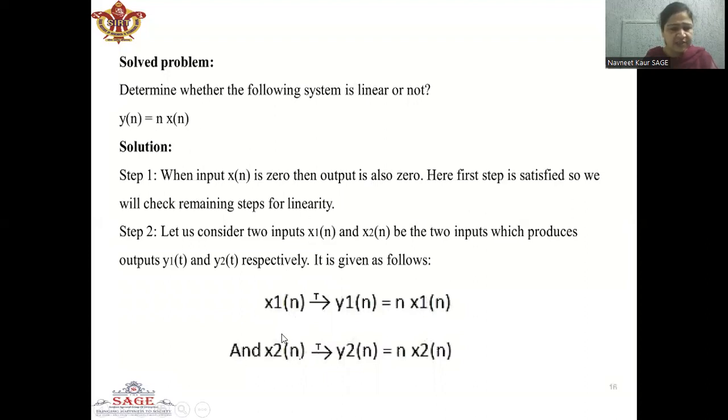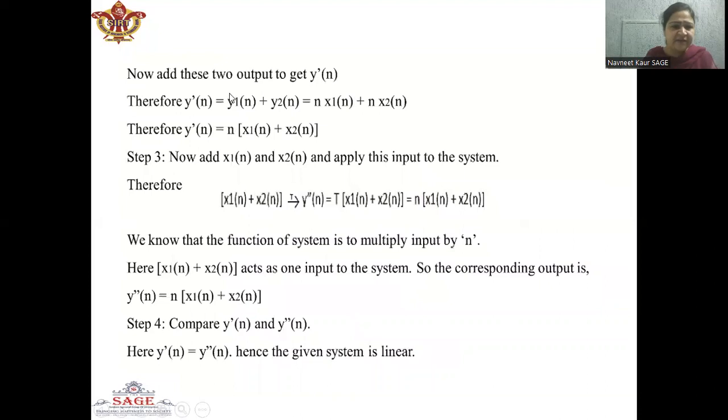And if x2[n] is given to the system, the output should be n x2[n]. If I add these two outputs, I will get n x1[n] plus n x2[n] as the corresponding output.